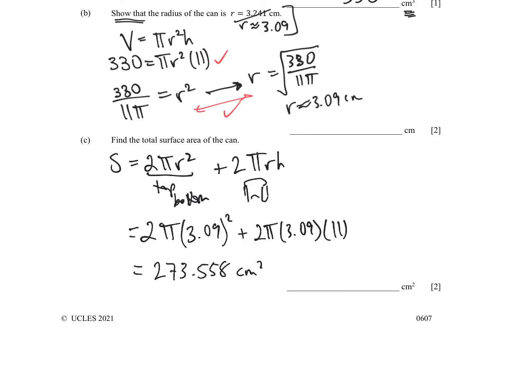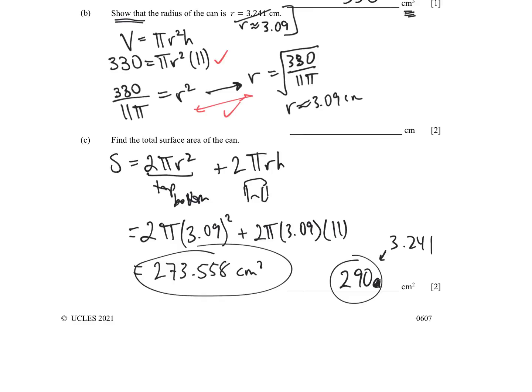If you used 3.241 in the calculation, then you would have gotten 290 centimeters squared. And again, as I said, both of those answers were accepted as long as the working was right, just because of the fact that the wrong value is provided, okay?